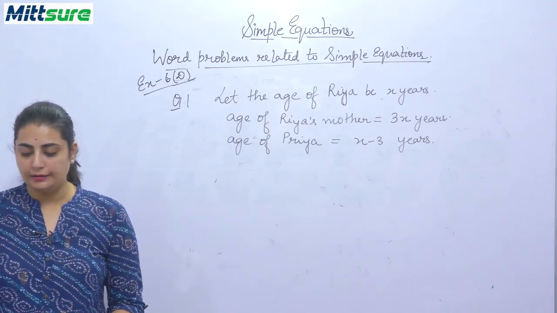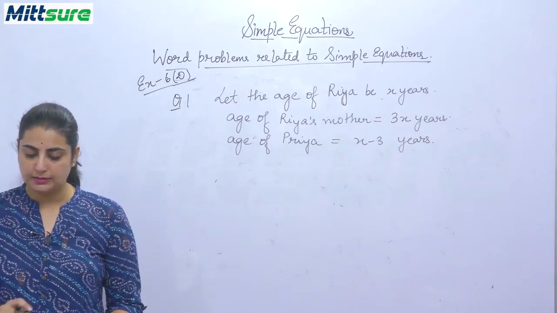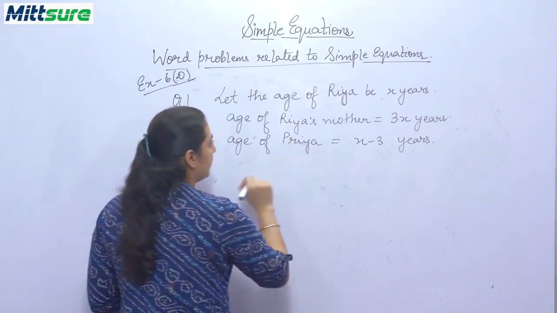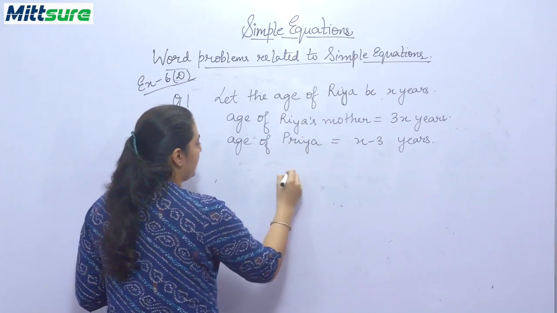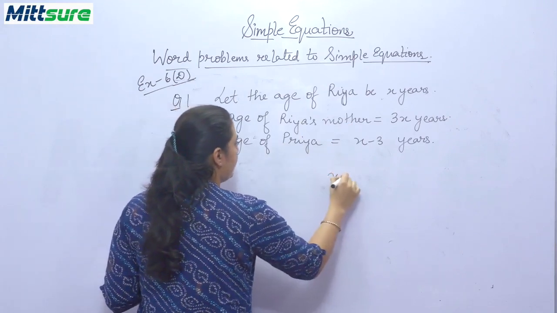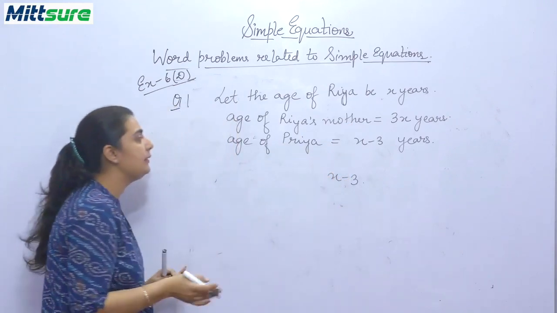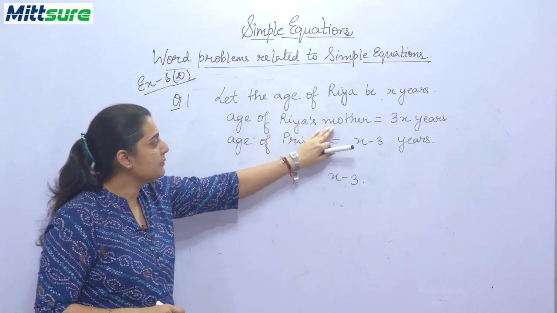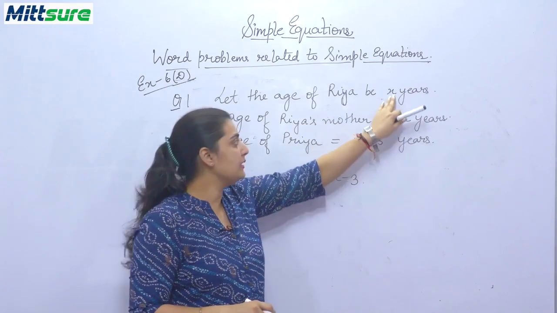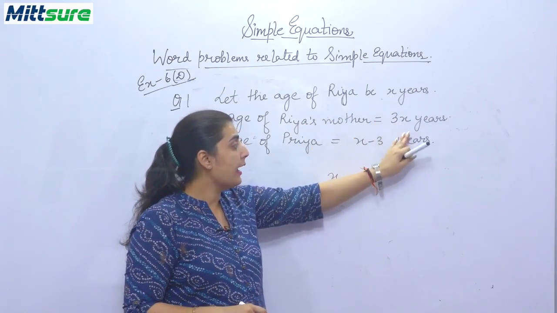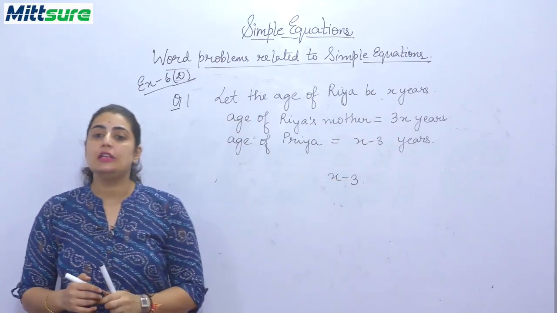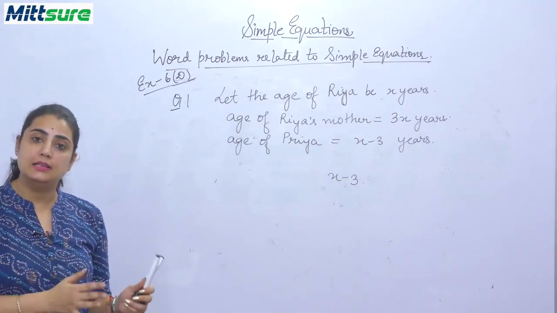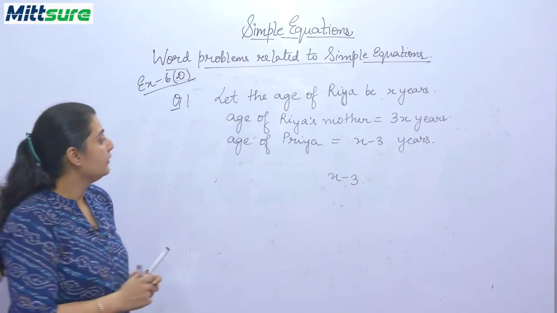Now, how old are Ria, Priya and their mother? We will be writing it as x minus 3. Now we will be comparing the age of Ria's mother, because Ria's mother is actually 3x, and the information that is given in the question is also that it is 4 times the age of Priya, that is the sister of Ria.